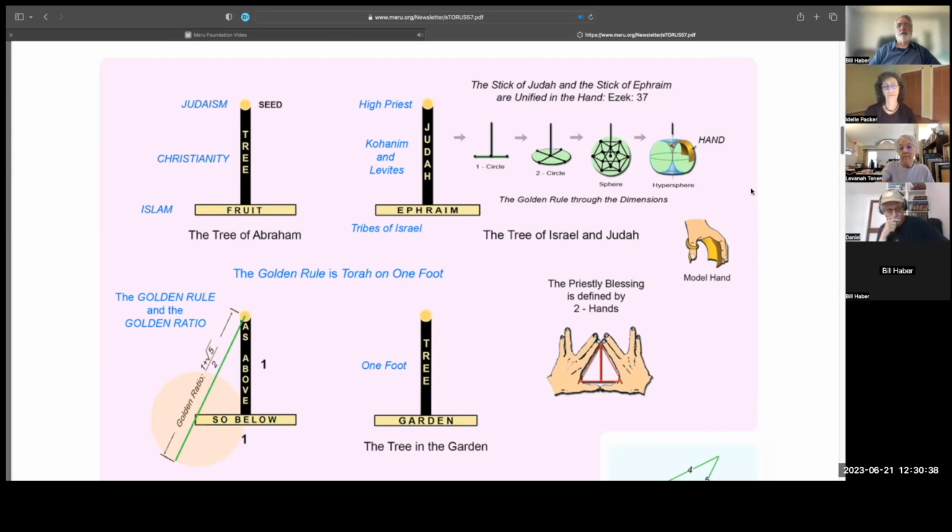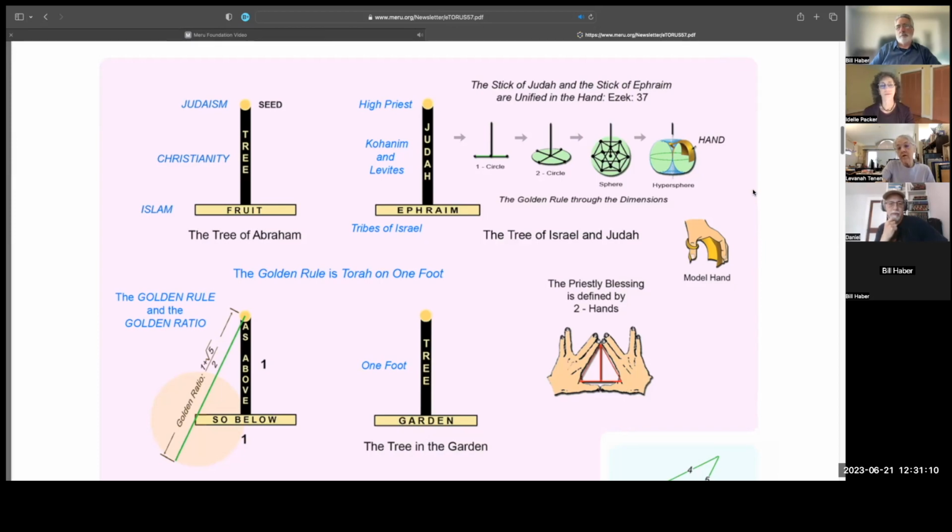And we're looking at what he calls the stick of Judah and the stick of Ephraim. He's actually quoting it from Ezekiel 37, and he's using that metaphor of the stick as the lines in the inverted T. He's taking that term stick almost literally as an example of this idea.